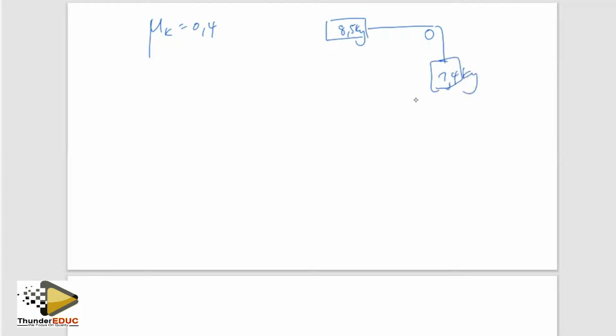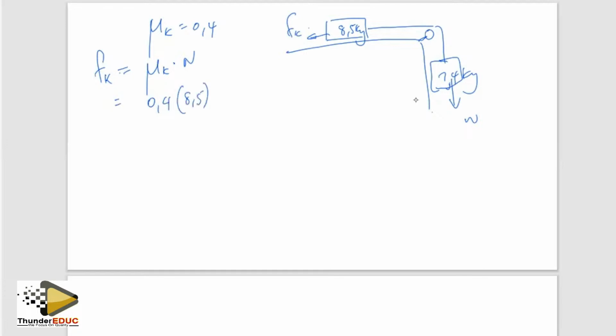Then I can just do the application of, so the weight will be downwards, the kinetic friction, we can get to that side. They want us to get the acceleration. So let me start by getting the Fk, which is the mu k multiplied by the normal force. In this case, it's just going to be the 0.4 multiplied by the 8.5 multiplied by the 9.8.